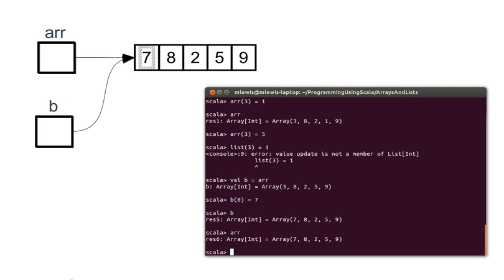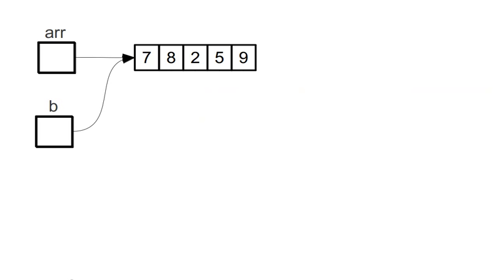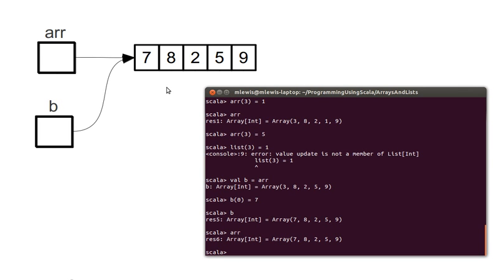And that's fine if that's what you meant to do, but it's a big problem if it's not what you meant to do. So this is something you have to be aware of: when you create aliases, if an object is mutable, it can be altered through the aliases. And that can create errors, bugs that are very hard to find and to fix.